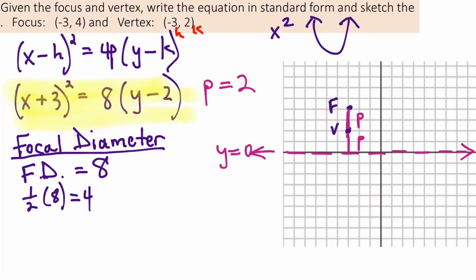So through the focus and parallel to the directrix, I'll go out 4 in either direction. So that's 4, and that's 4. And then here's my vertex. So with those 3 points, I'm going to sketch it in. And there's my sketch. All right, so that takes care of our last problem.